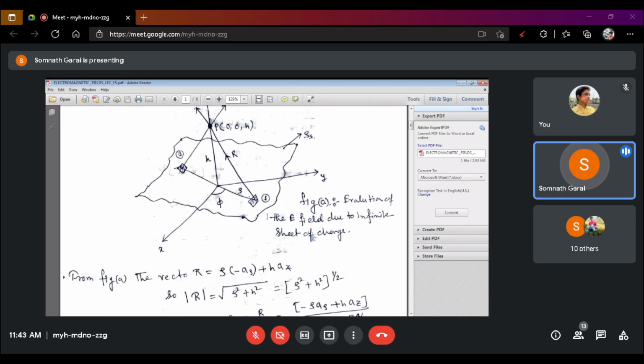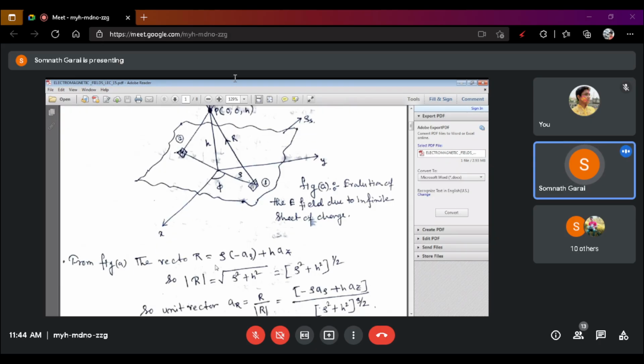So the vector r is represented by r equals rho. Rho is the magnitude and the direction is the minus arrow, plus z is the magnitude and az.